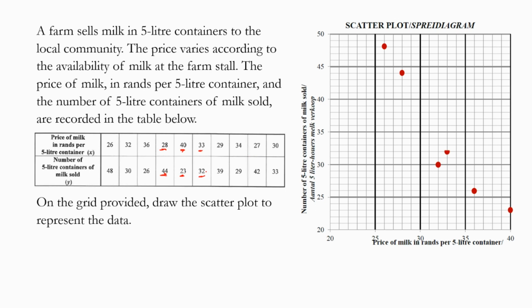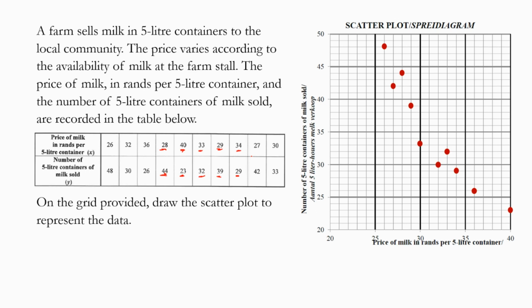There is 33, 32. Then 29, 39. 29, 39 there. Then 34, 29. You see that? And then 27, 42. And then 30, 33. Right, that is our scatter plot.